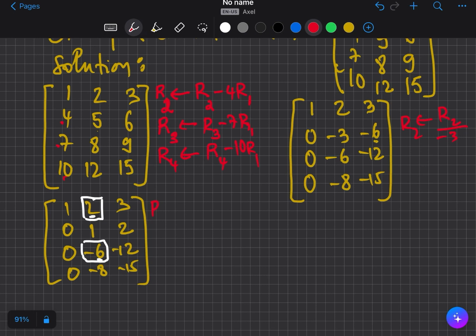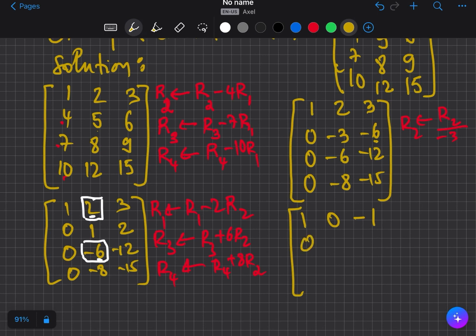If I replace the first row by R1 equals R1 minus 2 R2, and R3 equals R3 plus 6 R2 to have 0 here, and then R4 will equal R4 plus 8 R2, this will lead to 1, 0, minus 1, so I obtain my 0 in the first row.